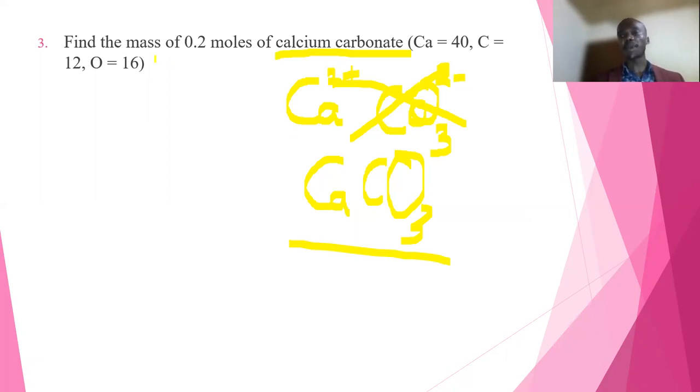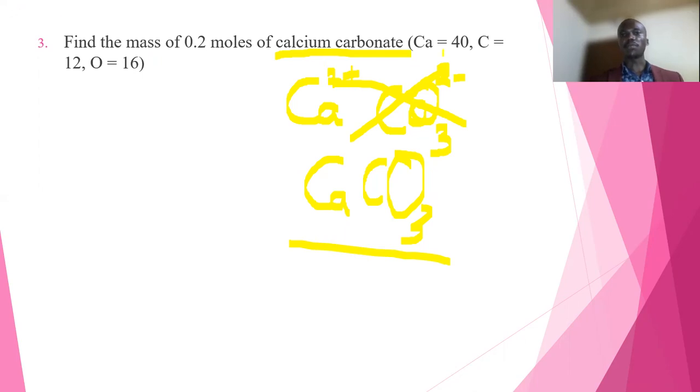And how do we get mass? We said moles is equal to mass over molar mass. So when we cross multiply, we'll be able to get what we call mass of the substance in grams. So the mass is given by molar mass times the number of moles. I hope we are together.